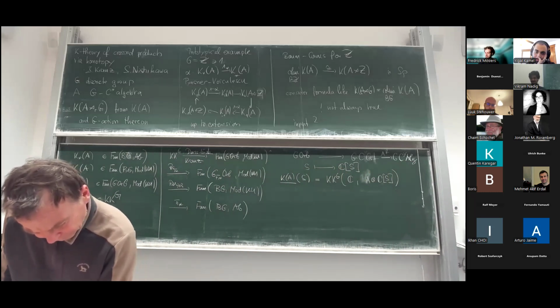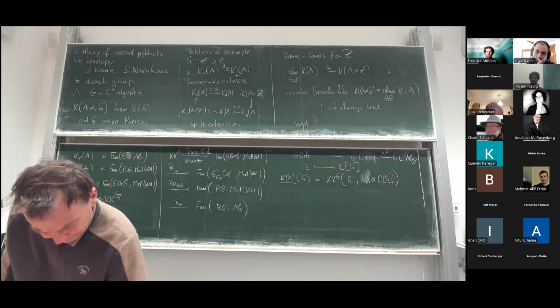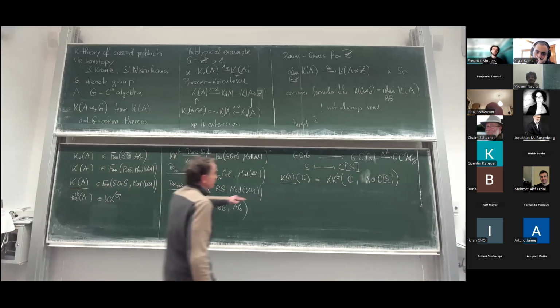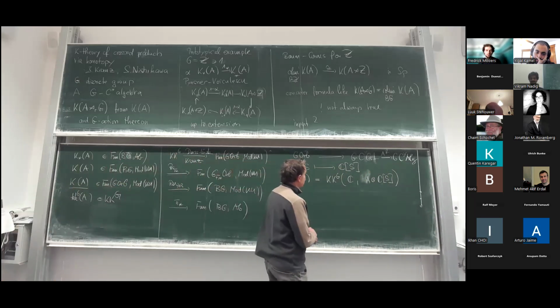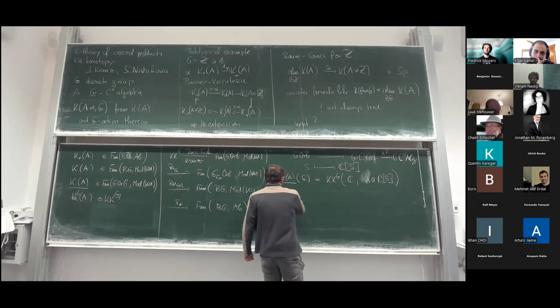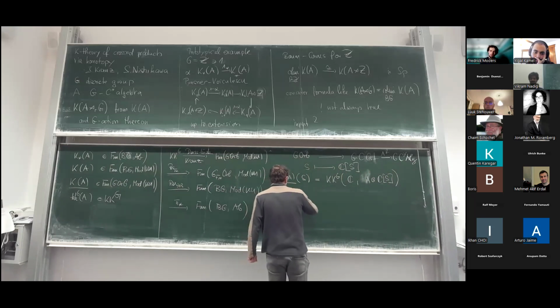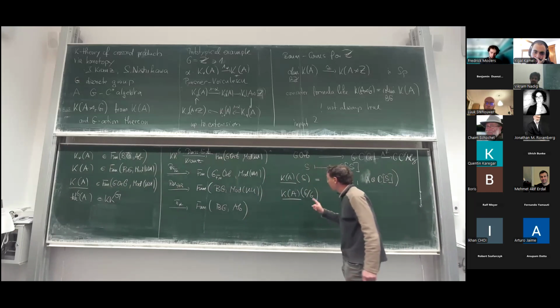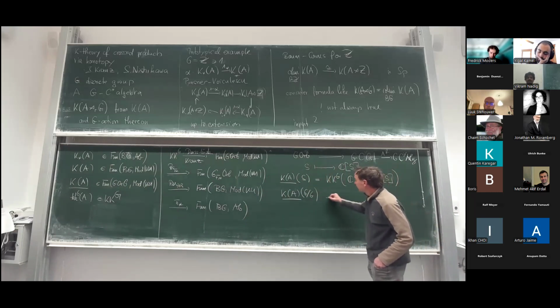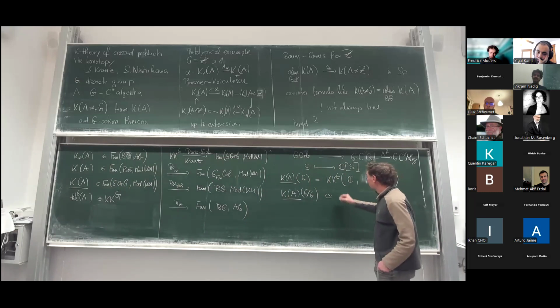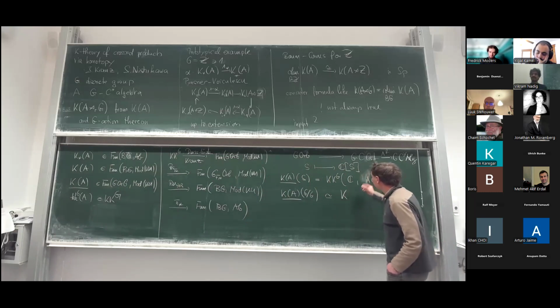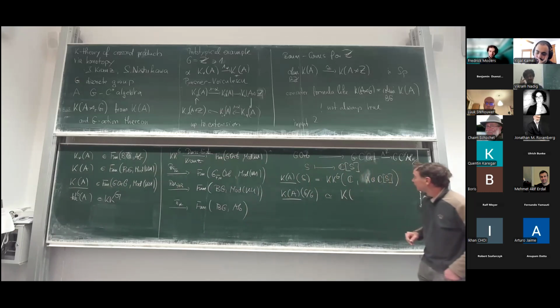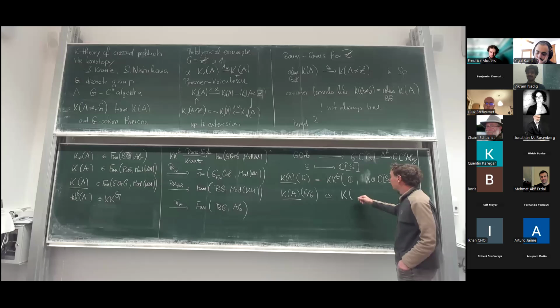Of course, one can ask, okay, what are the values? The value of this functor on G mod G, on a point, on the orbit with stabilizer G, if one calculates what one gets here, is exactly the K0 of the cross product.